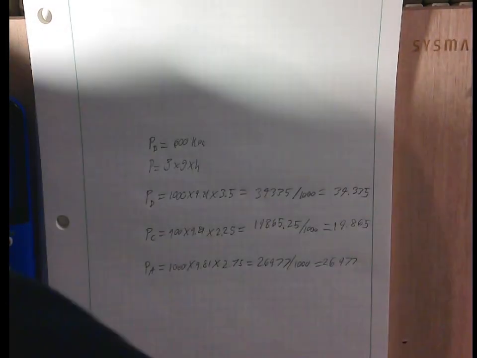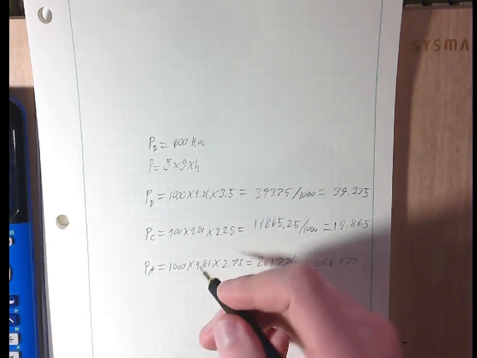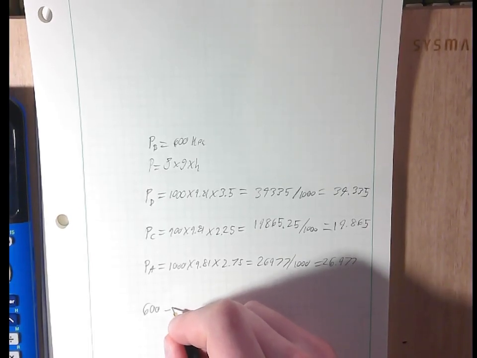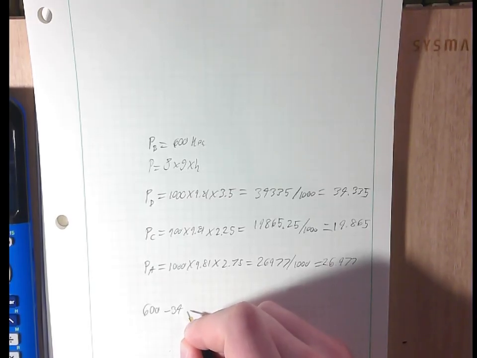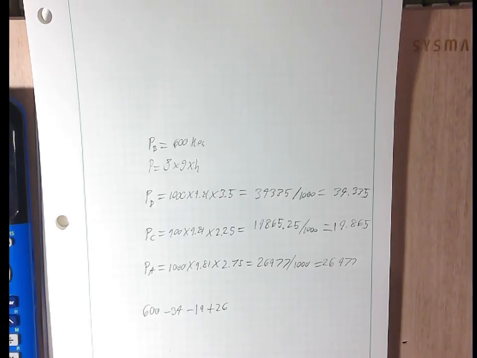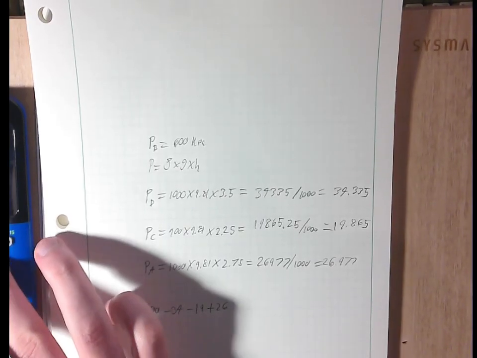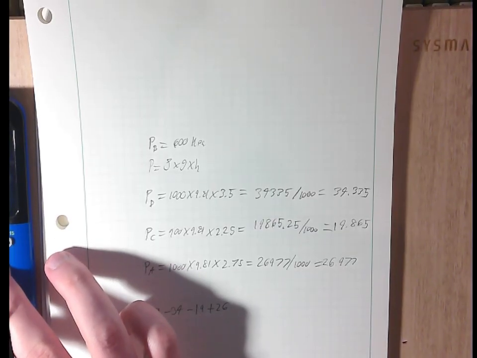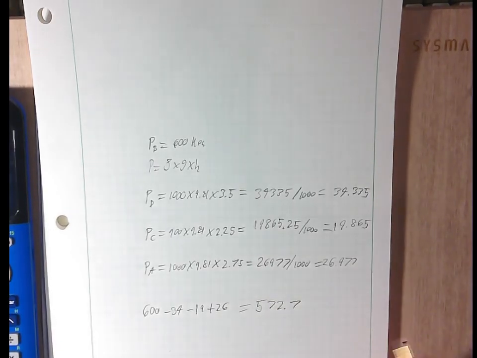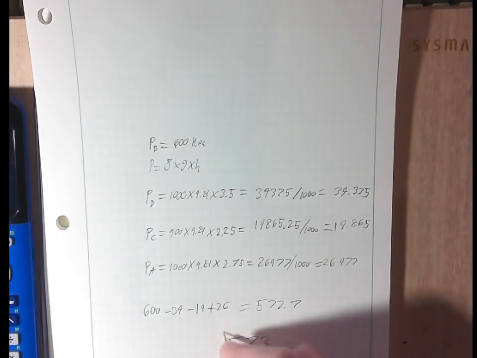So now, taking it from here, it's going to be 600 minus 34 minus 19 plus 26. 572.7. Hot dog, the correct answer is 573.